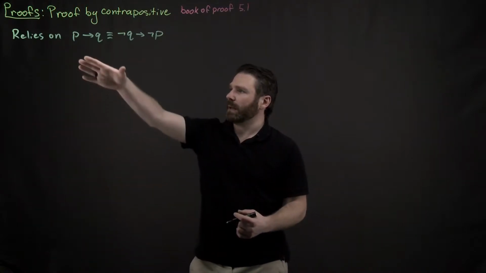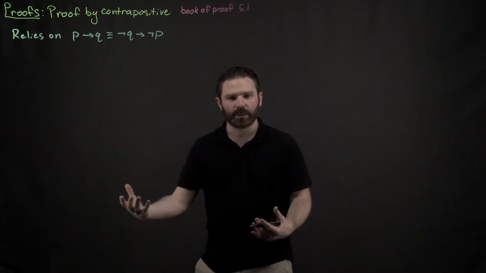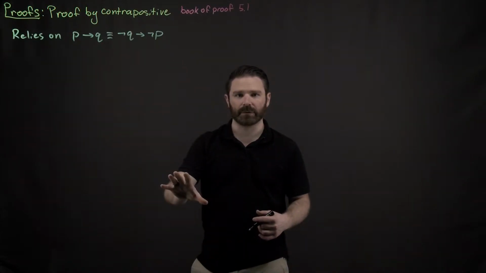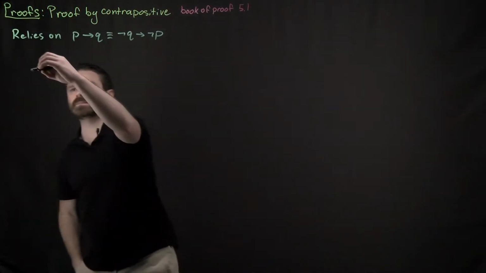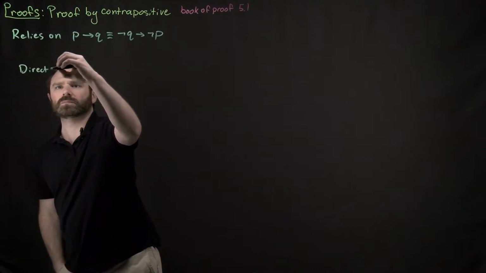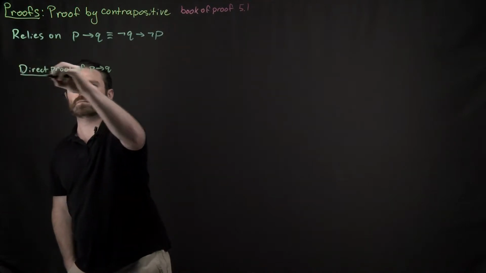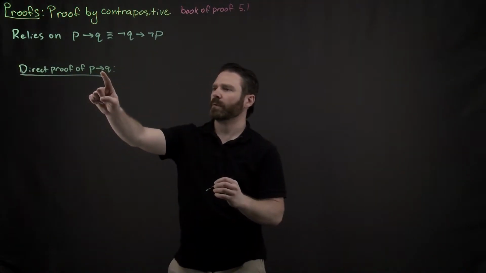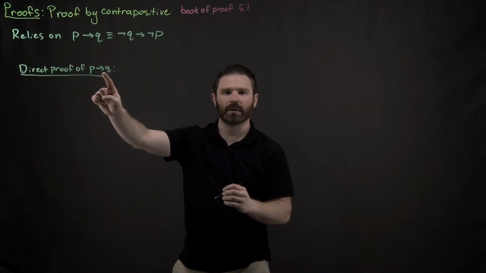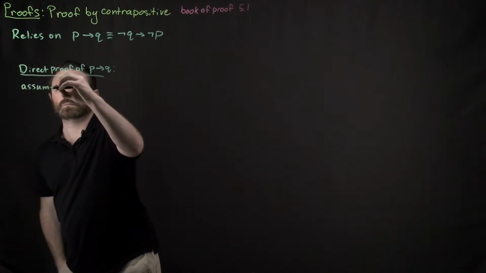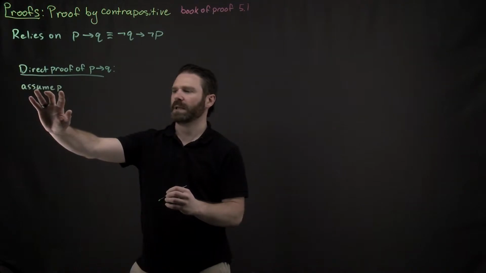So let me go ahead and recall what a direct proof was and show you how that differs from a proof by contrapositive. In a direct proof of P implies Q, the way that this proceeded was we assumed P right here.